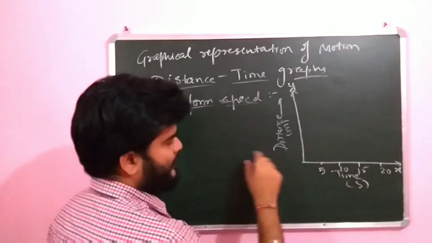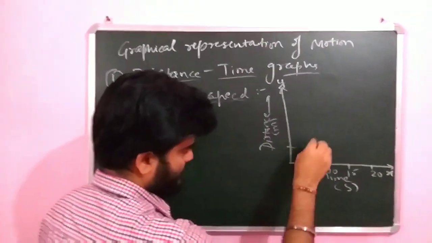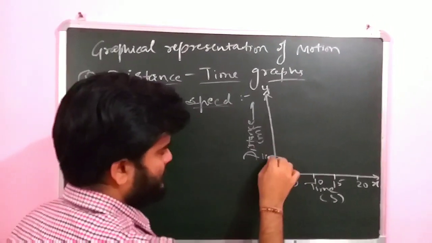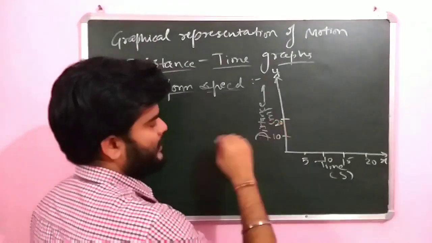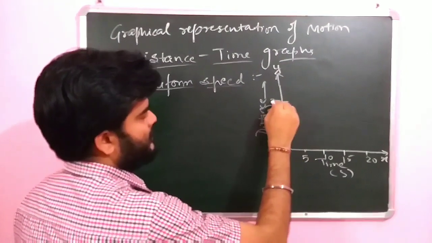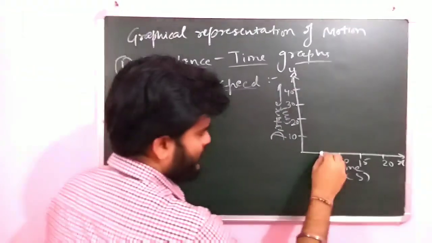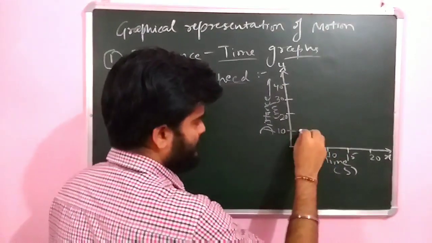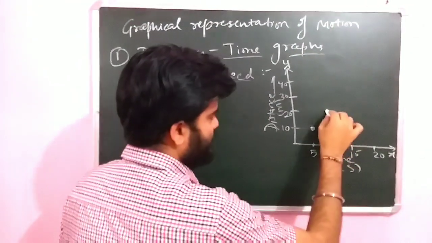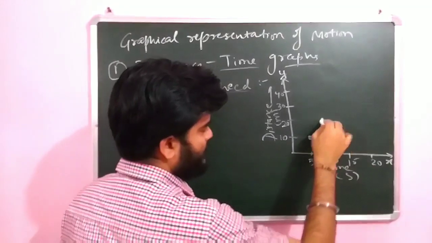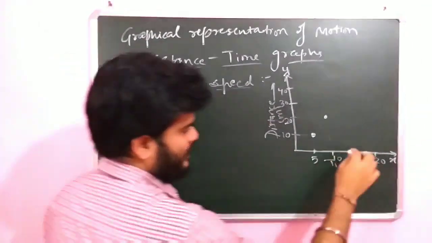Let us say in 5 seconds the distance covered is what? 10 meters. In next 5 seconds again 10 meters, so 20, this is 30, 40, so on. So in the first 5 seconds it covers 10 meters. In next 5 seconds again 10 meters, so total time is 10 and distance covered is 20.